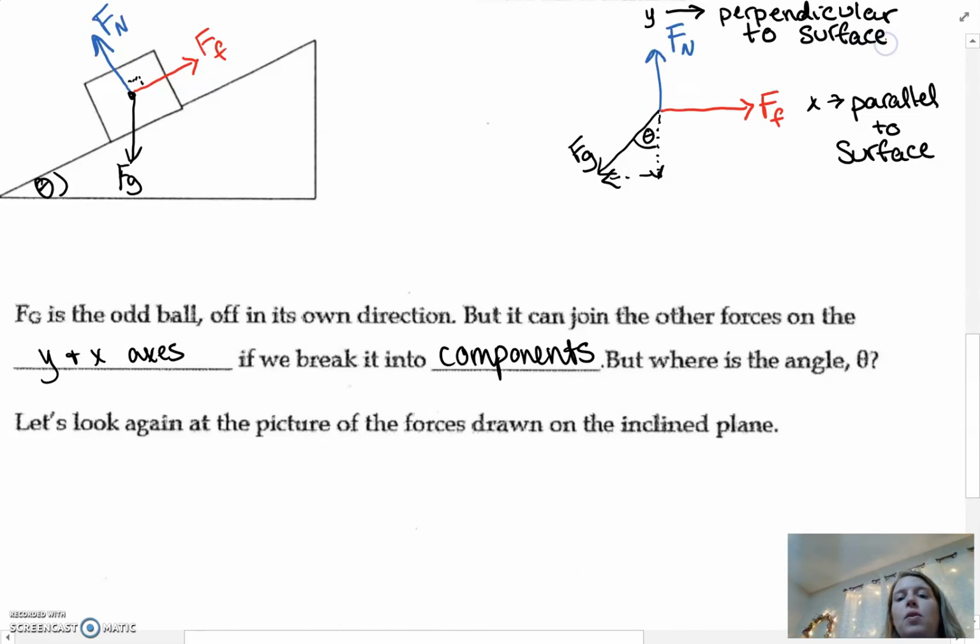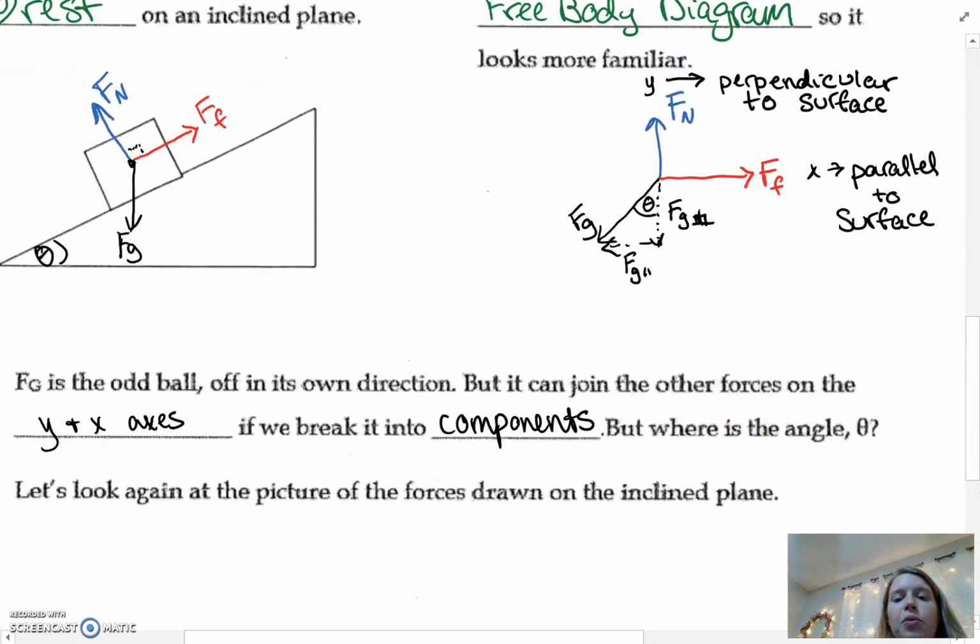Most of the time I will call this component the component of the weight that's perpendicular to the surface. So it's Fg perpendicular, that's our mathematical symbol for perpendicular, and this is Fg parallel, the component of the force of gravity that is parallel to the surface.